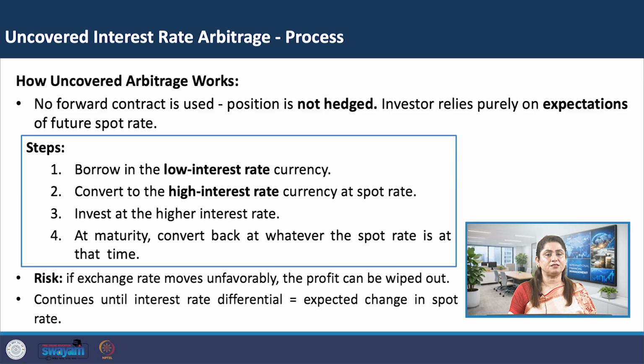If your expectation about the future spot rate was correct or better, you profit. If the currency moved against you more than you expected, your profit shrinks. And if it moved badly enough, you could actually make a loss. This is why it is called uncovered. Your position is exposed, unhedged, open to the market.